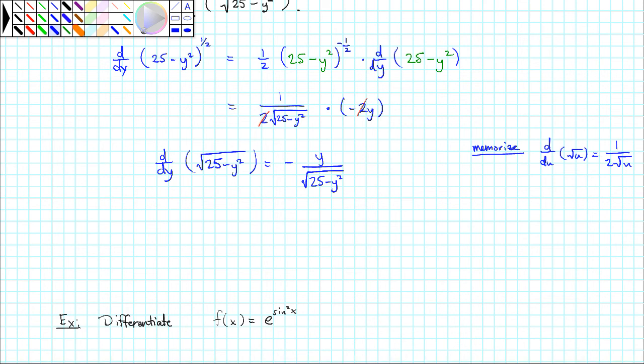So we saw that in this case here. You're always going to get the same thing if you convert square root of u to the 1/2 power and then do the power rule.